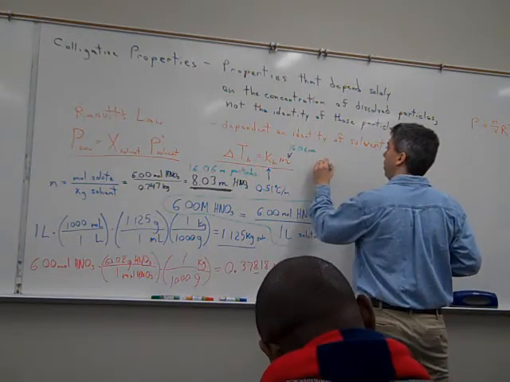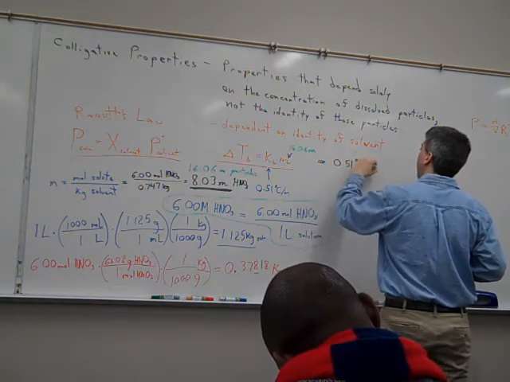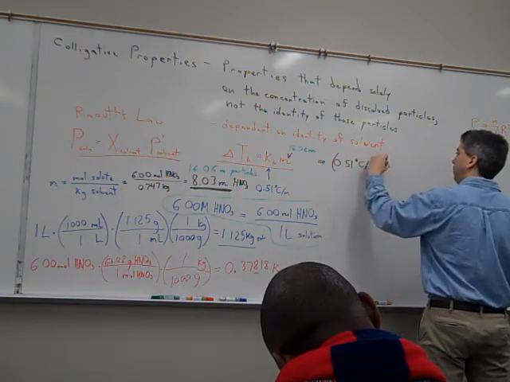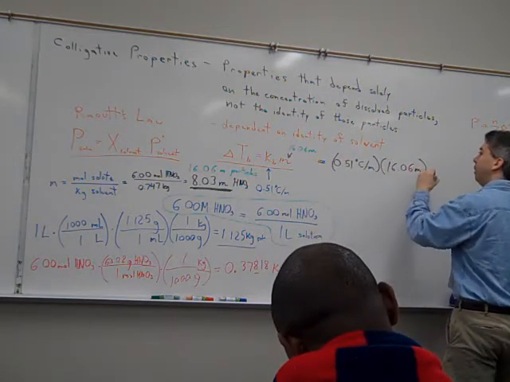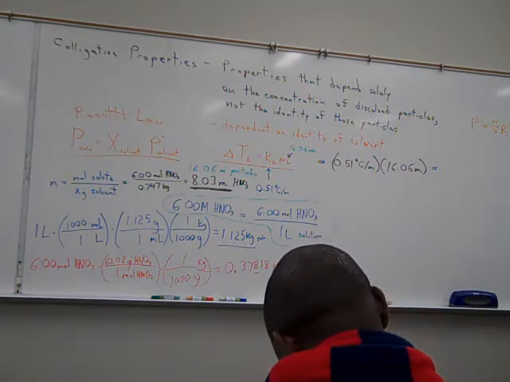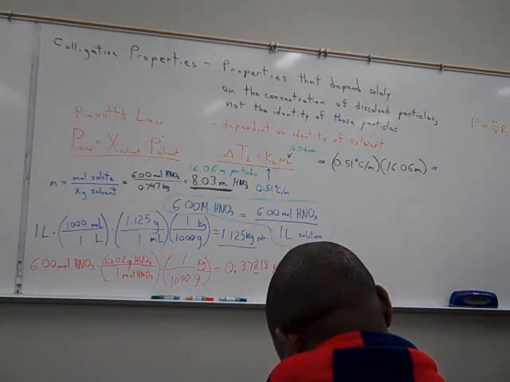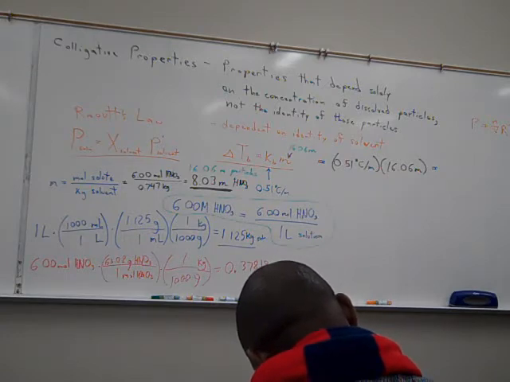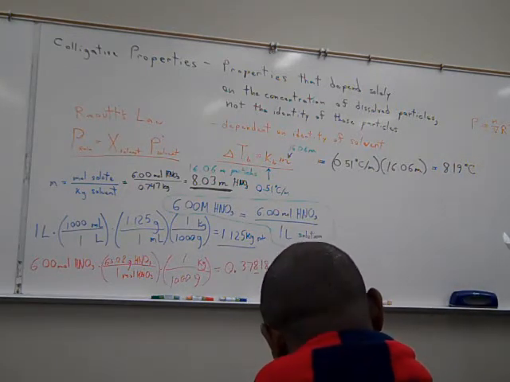Delta TB is going to be equal to 0.51 degrees Celsius per molal times 16.06 molality of particles, which is equal to what? 8.19 degrees Celsius. Now that's just the change in temperature.